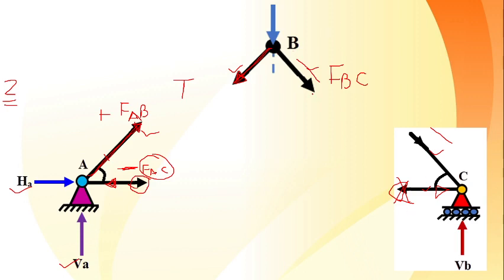If this is away and if the answer comes out to be positive, it means the assumed direction is correct. If this arrow is pulling the joint B, so exactly opposite is going to happen. This joint is also going to pull the thing. If this is pulling, so this arrow also has to pull it.